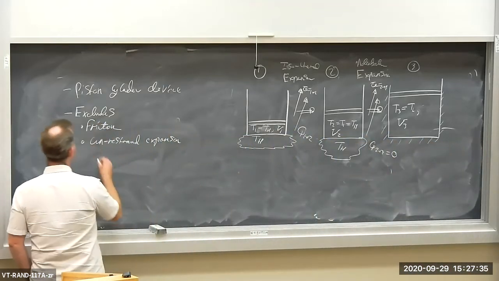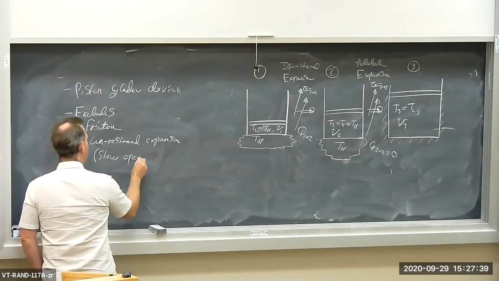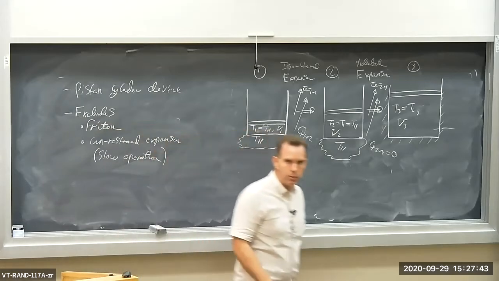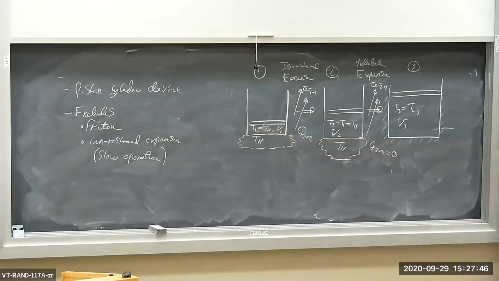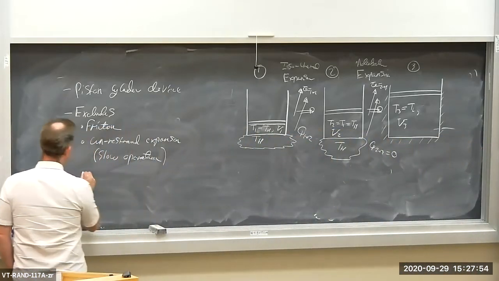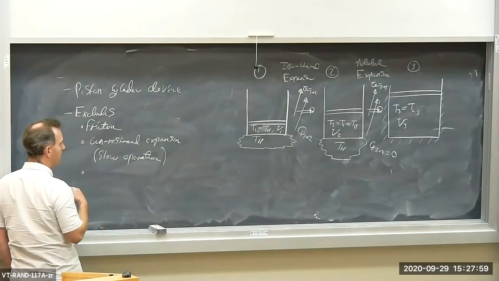What I mean by that is slow operation. How slow? Extremely slow. So slow you can't see the piston moving. That slow. And it also excludes the third form of irreversibility.